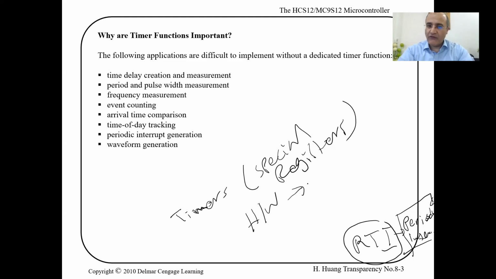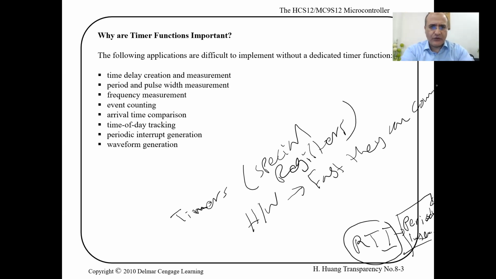You can control how fast they can count. If any of you studied PIC microcontrollers or any other microcontrollers in your undergrad, timer 0, timer 1, if you remember those, we have things like that here.